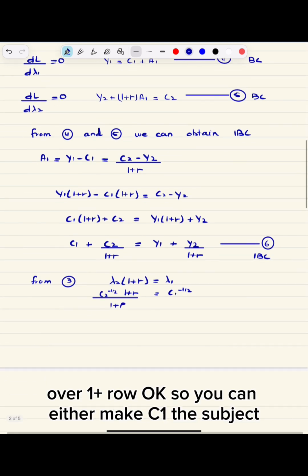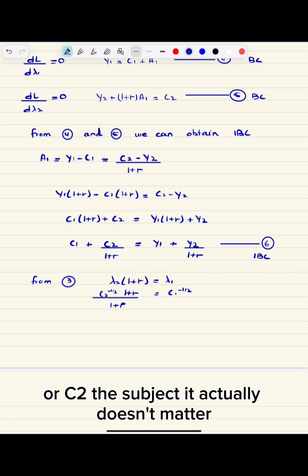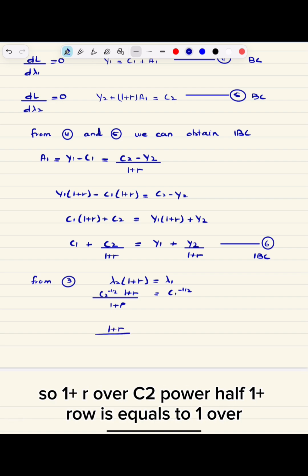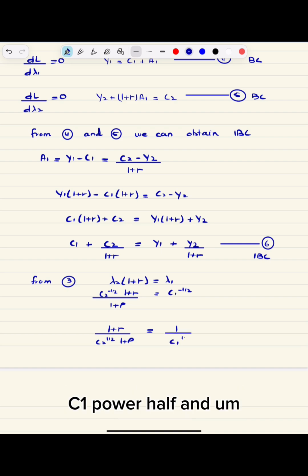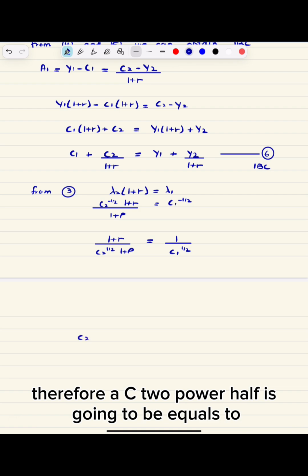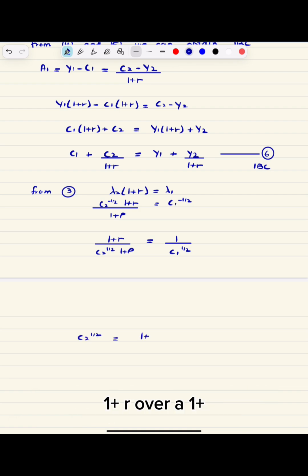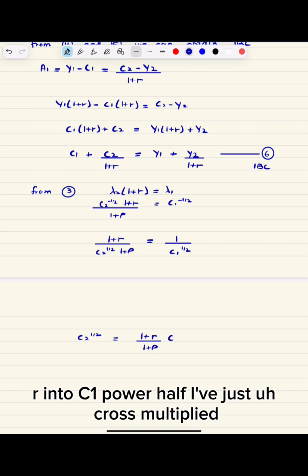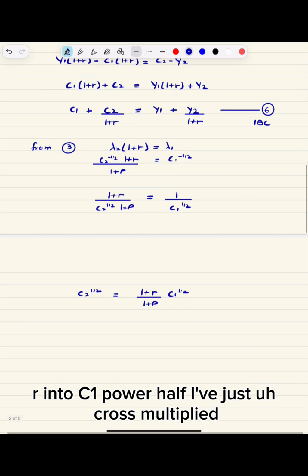You can either make c1 the subject or c2 the subject, it actually doesn't matter. So (1 + r) over c2 power half (1 + rho) is equal to 1 over c1 power half, and therefore c2 power half is going to be equal to (1 + r) over (1 + rho) times c1 power half. I've just cross multiplied.